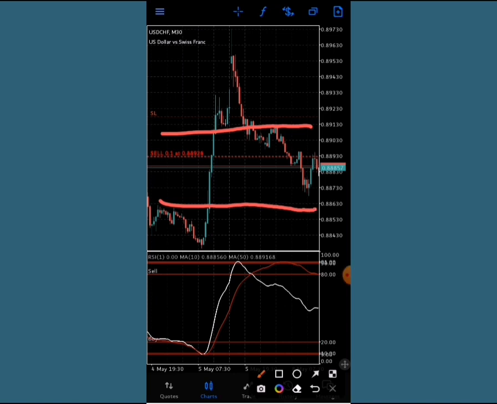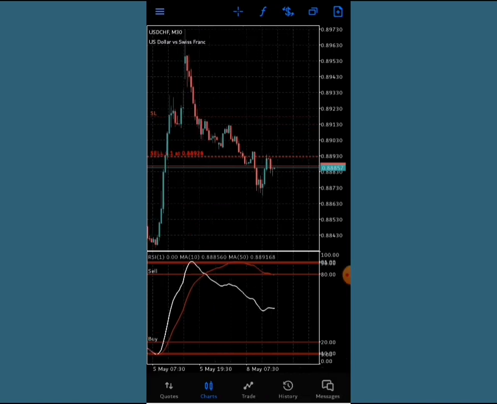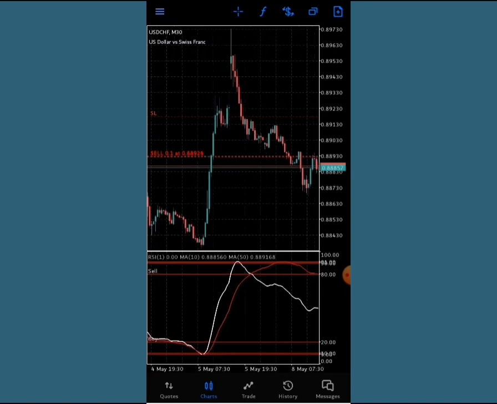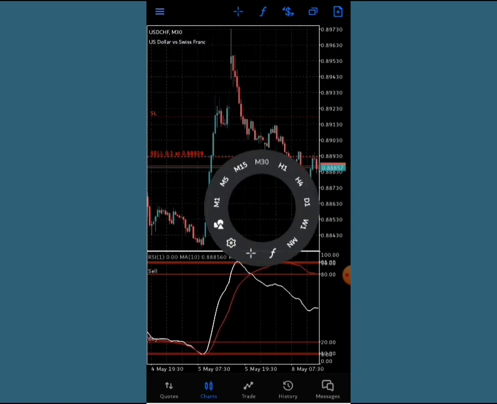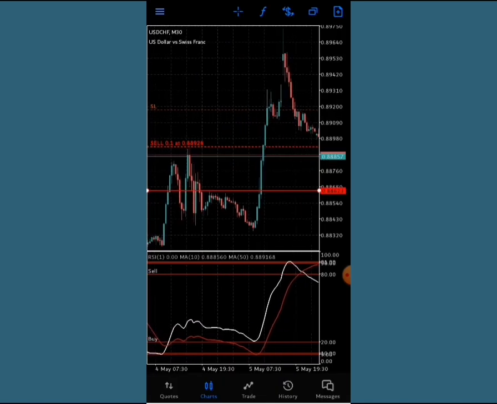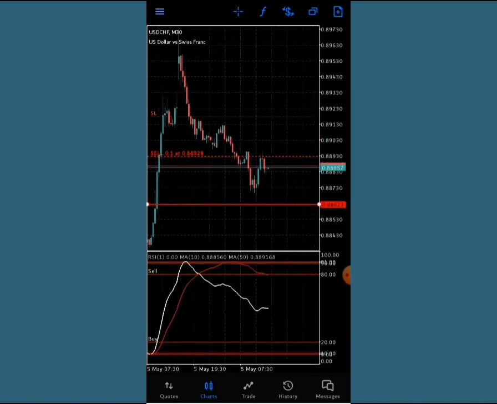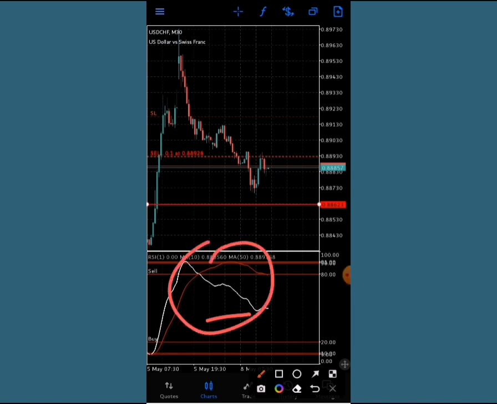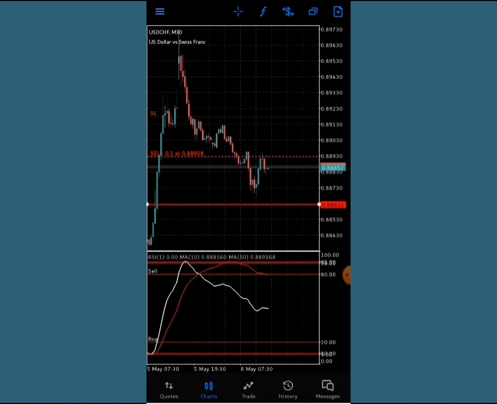So in this case, let me just do like this. I expect that price will come down to as low as maybe close to this point, just to fill this liquidity gap. So I expect price to drop. That is why I took a sell. And another thing, what you see on the RSI right here, I said it in my recent mobile videos.